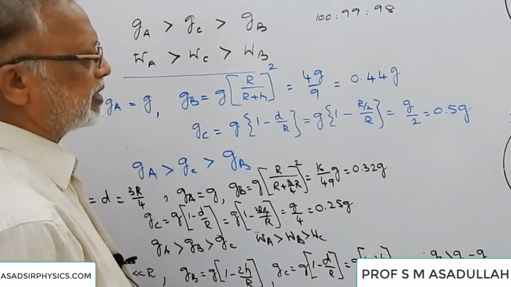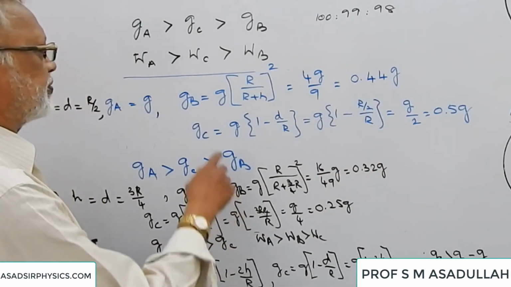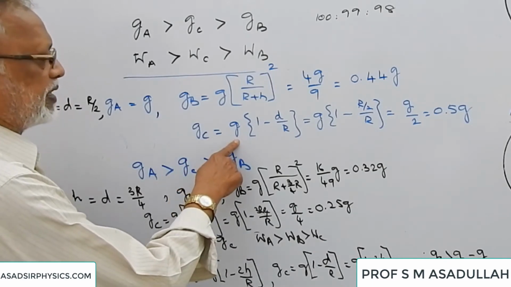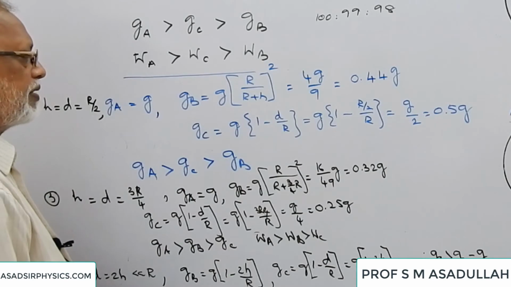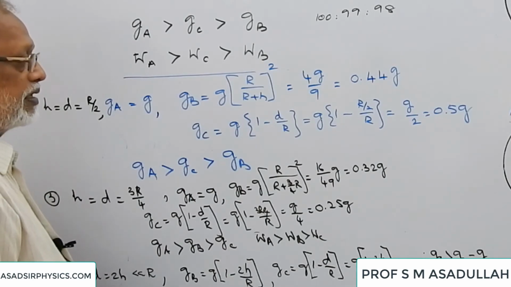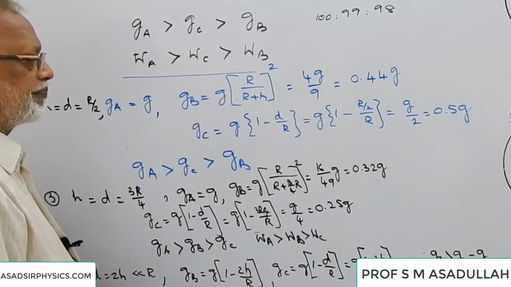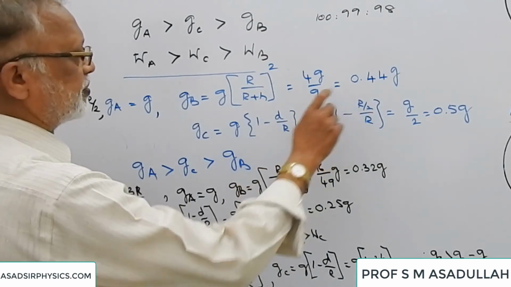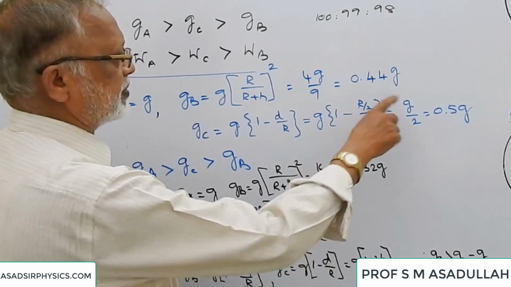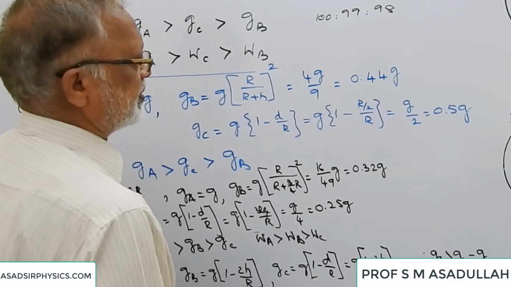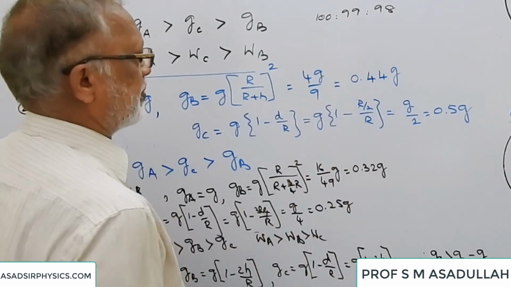Now let us consider the point C. Here we have to use the formula Gc = g(1 - d/r). We know that this formula is valid for all values of d, small as well as large, up to d equal to r. So substituting d equal to r/2, g(1 - (r/2)/r) is equal to g/2, that is 0.5g. 0.5g is greater than 0.44g.